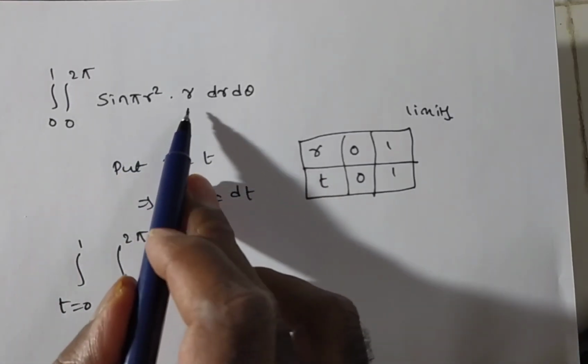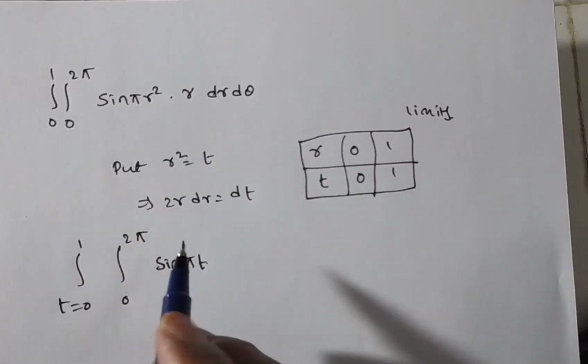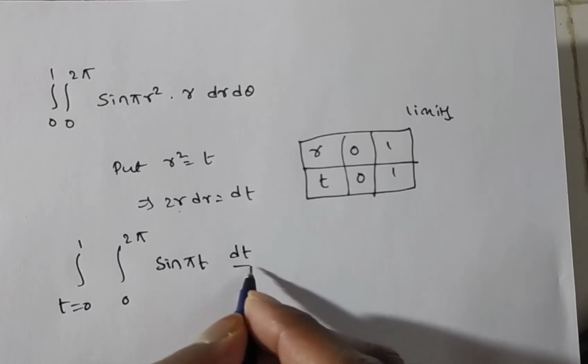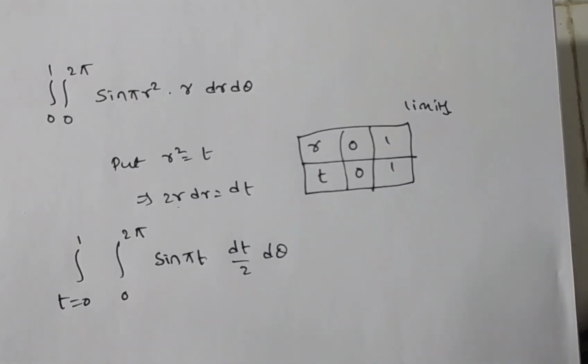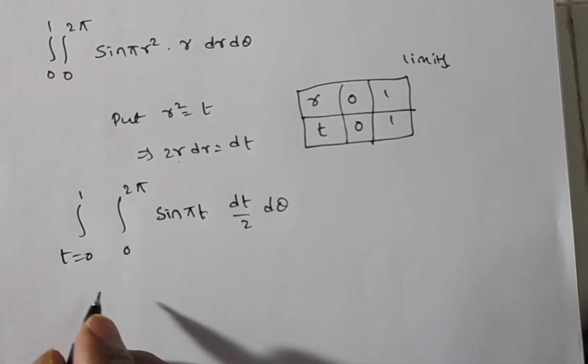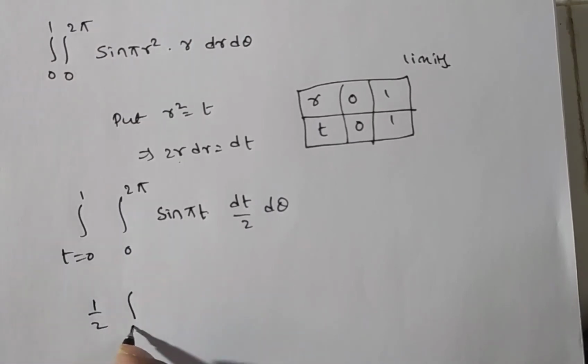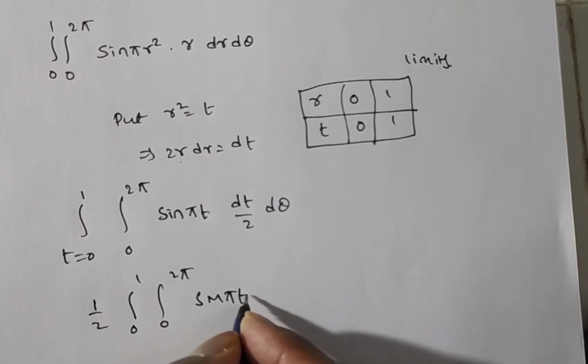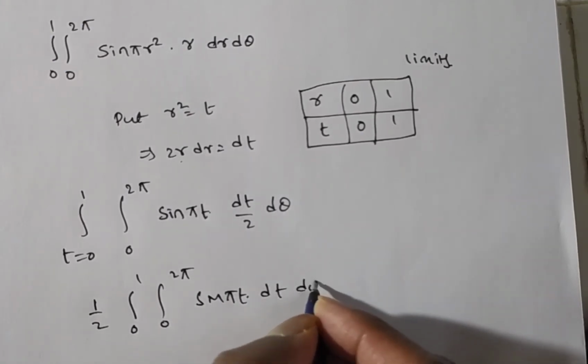Next you have r into dr, what can I write? dt by 2, into d theta. Now you can integrate. 1 by 2 is a constant, I am writing outside, with limits from 0 to 1 and limits from 0 to 2 pi. I have sine pi t into dt d theta.